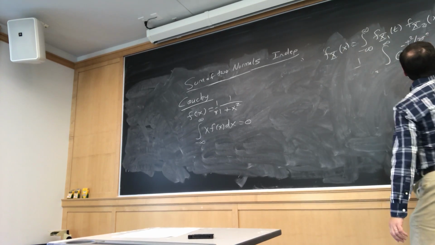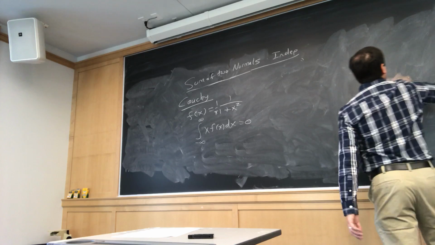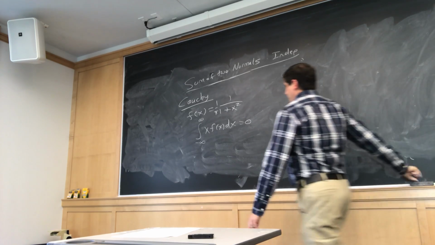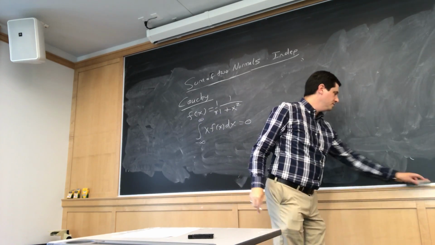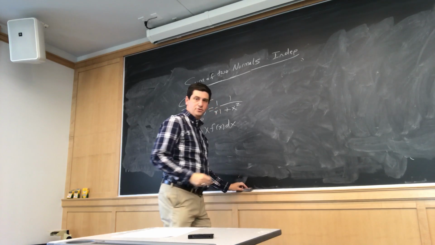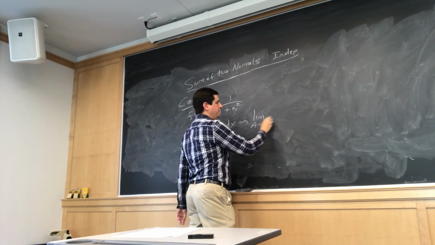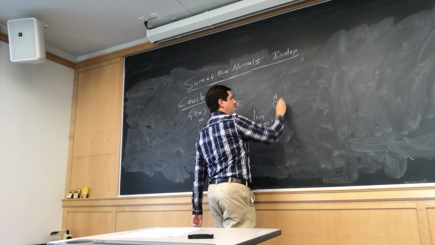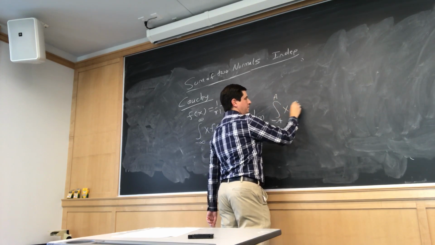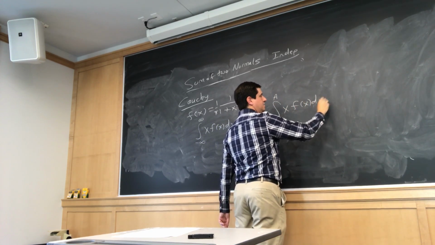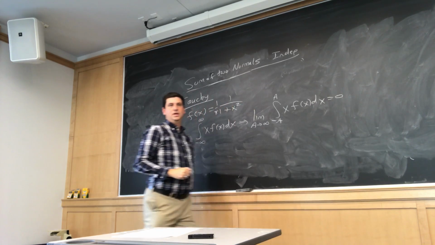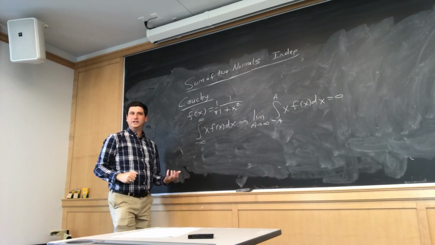So for example, if I look at this as the limit as a goes to infinity from minus a to a of x f of x dx, that is 0, because it's an odd function on a finite interval.